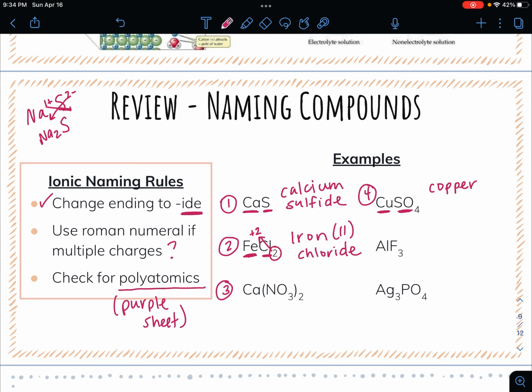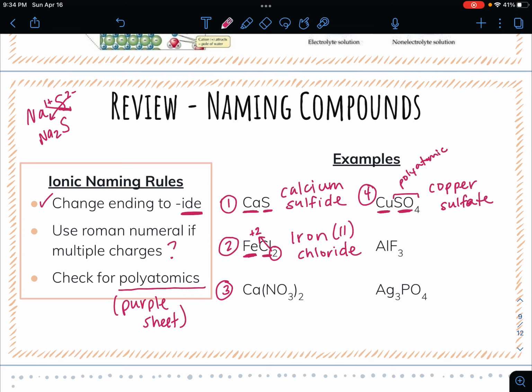So remember, whenever we have something that is multiple things, this is not on the periodic table. It's sulfur and oxygen combined. This is a polyatomic. So remember, anytime we see these two elements that are bonded together, that's our polyatomic. Okay, so I'm going to look at the purple sheet. I'm going to find SO4, and I know that it is a sulfate.